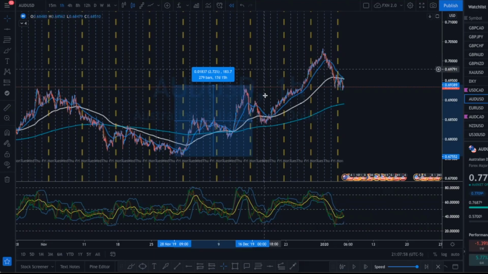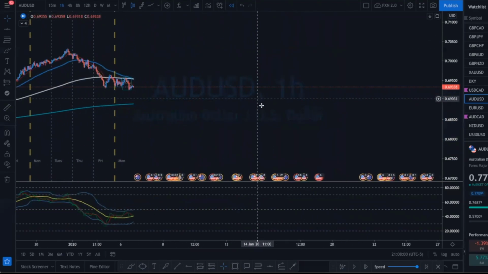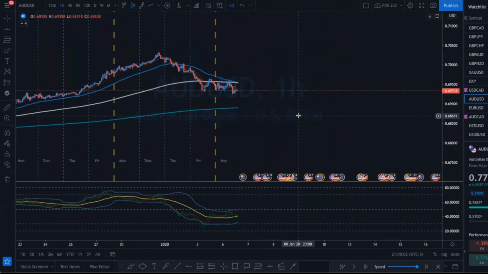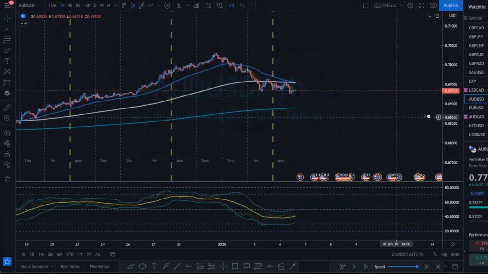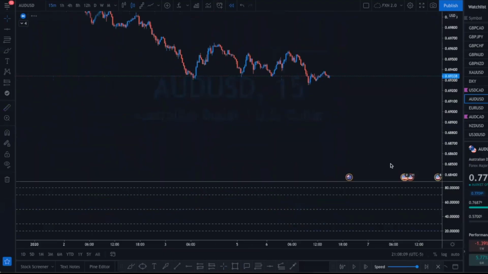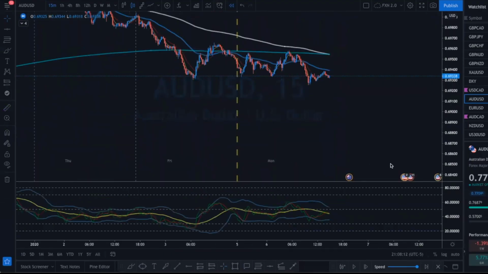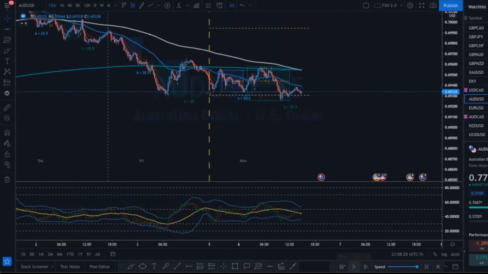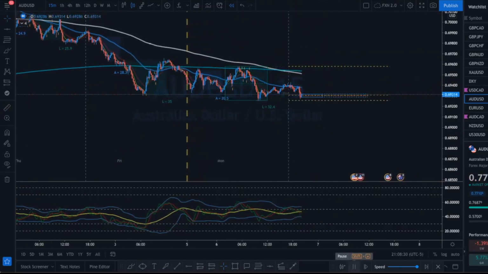So then automatically my bias would be to sell. Anybody else agree with me on that? Anybody got a sell bias on this? Or is it just me? I mean, that was a trade right there, actually. Let's see what happens on Tuesday.